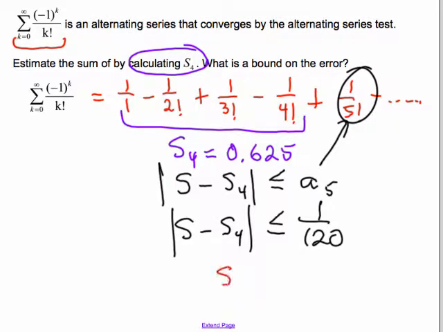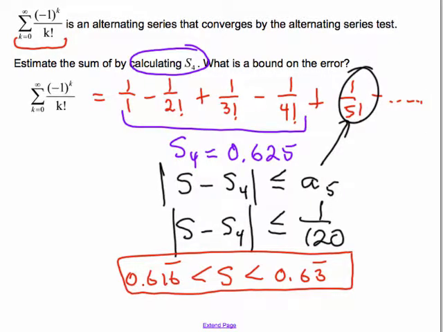And so based on that, we know that our sum would be somewhere between these two values. So that's a quick review on estimating the sum of an infinite alternating series and the error involved in that estimate. Our error is less than the first term we don't include in our estimate.